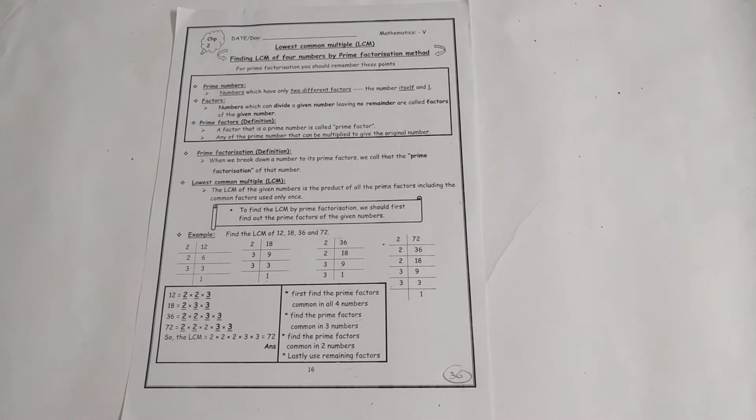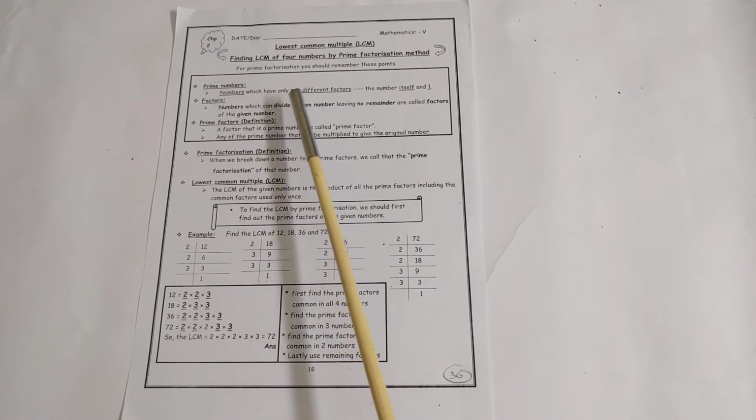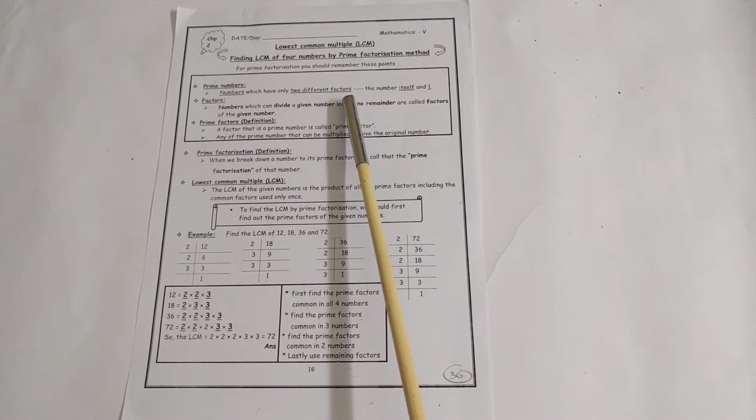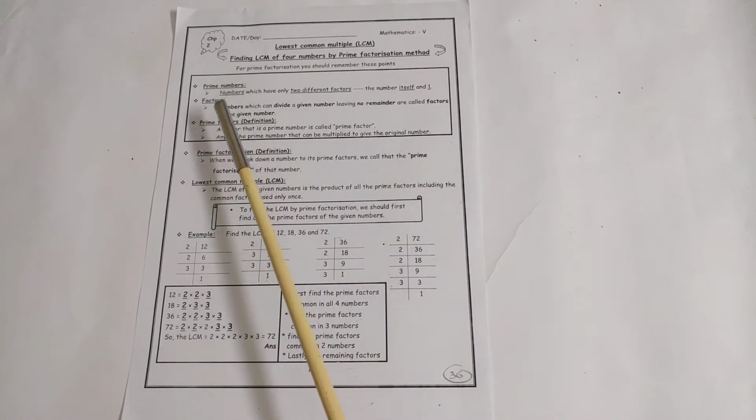For prime factorization method, you should remember the following key points which you have already done in previous lectures. Let's take a quick review of all these. First one is prime numbers. Numbers which have only two different factors, number itself and 1, are called prime numbers.